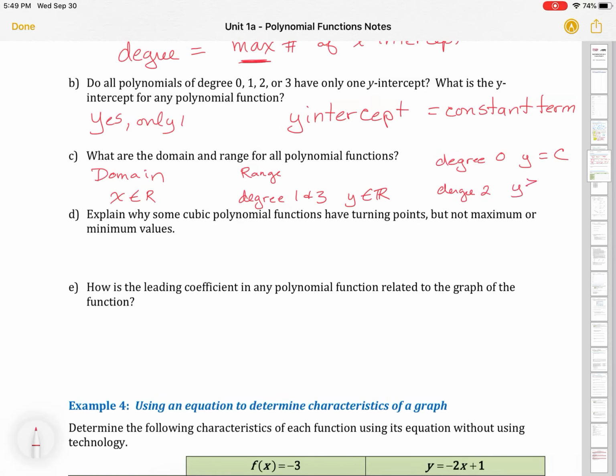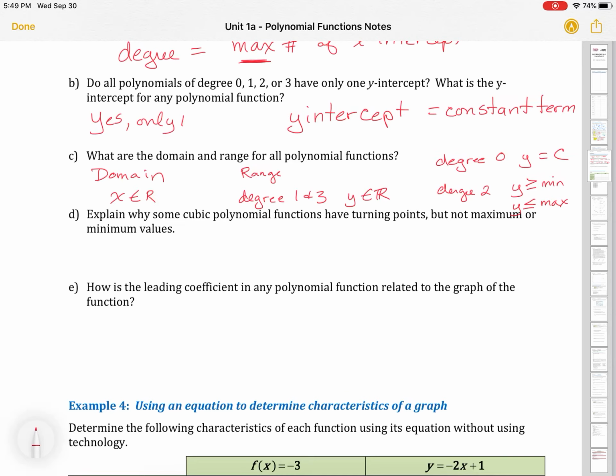For degree 2, y is either greater than or equal to the min, or less than or equal to the max. Okay? So it depends on the degree for your range, but for your domain, it's always x is in the set of real numbers.